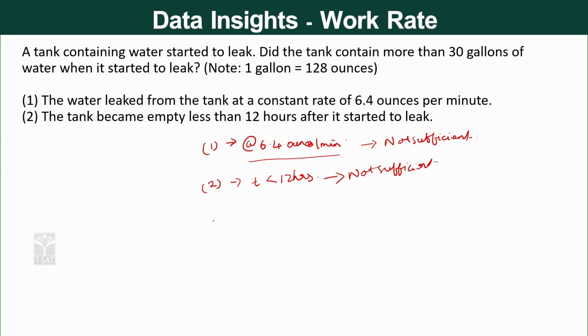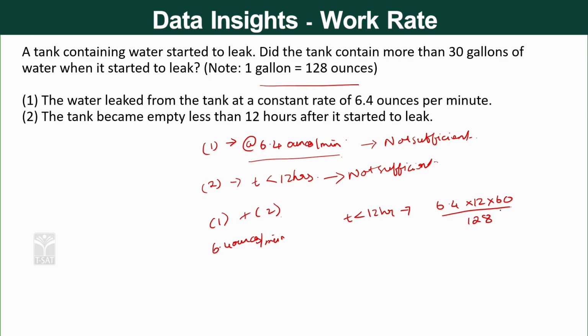Now, if you combine statement 1 and statement 2, you have that the rate of leakage is 6.4 ounces per minute, and the time is less than 12 hours. So, the amount that leaked would be 6.4 ounces per minute times 12 hours times 60 minutes, divided by 128, converting ounces to gallons, which will give you the number of gallons.